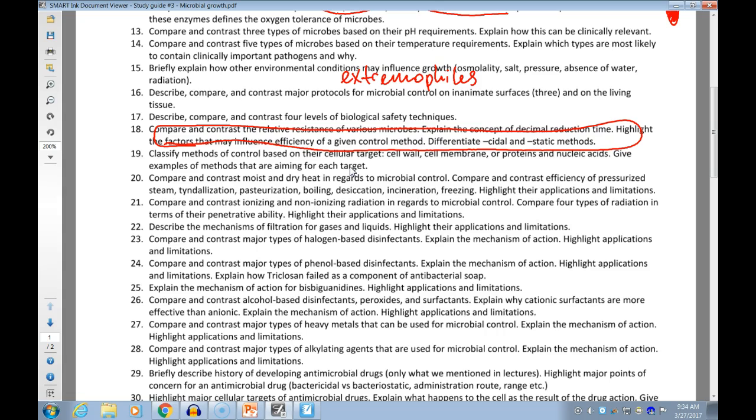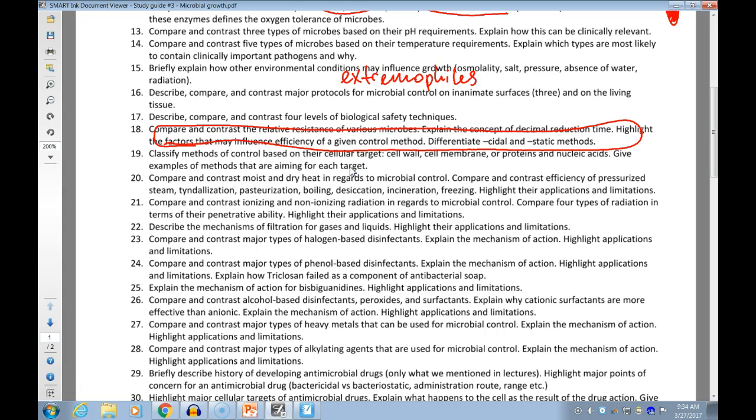Factors that may influence efficiency. This is more for a say question. If I ask you what you would rather use to sterilize, I don't know, the surgical suit, you will have to not only propose the method, but explain why. So if you suggest that you're going to use autoclaving to sterilize the IV solution, you have to make a really good argument, because definitely the solution is going to change after autoclaving.